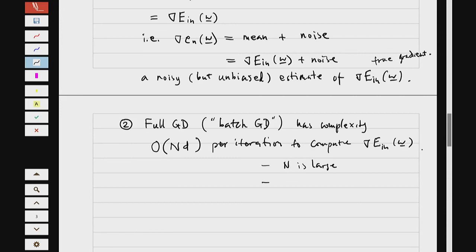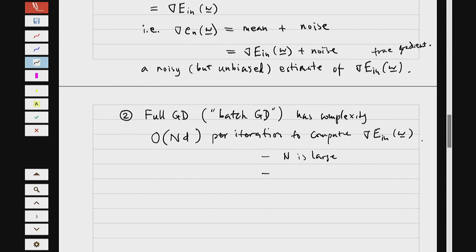Another point is that the gradient, or derivative, is hard to compute in general. In the case of logistic regression, it's okay because you have a closed form expression for the gradient. You just substitute and then calculate. That's very fast. But for things like neural networks, taking the derivative is non-trivial.